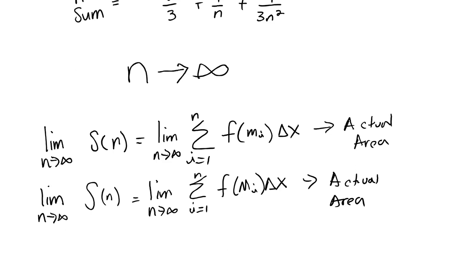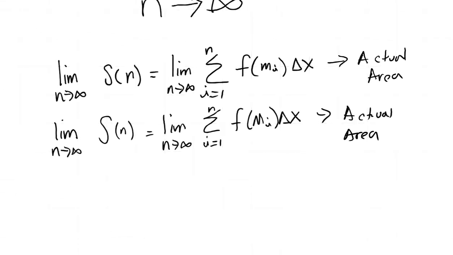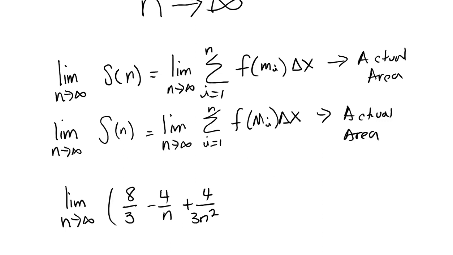So let's do that for our example. For our lower sum, we had 8/3 minus 4 over n plus 4 over 3n squared. If we take the limit as n goes to infinity of this quantity, we get 8/3.